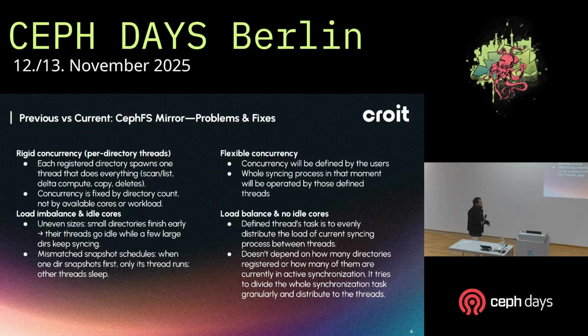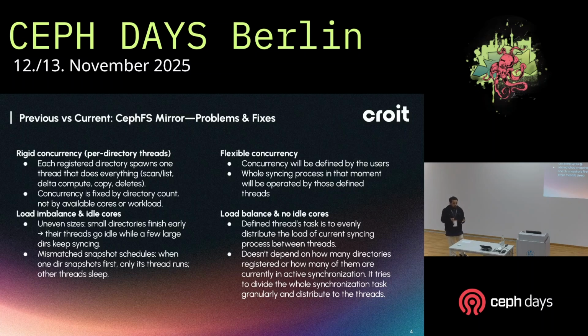So what we did is a more flexible concurrency. We try to granularize the tasks, and using thread pools, we globally control how many threads you want to use for file mirroring. Let's say we have a mirroring pool for file mirroring, and another pool for metadata IO.